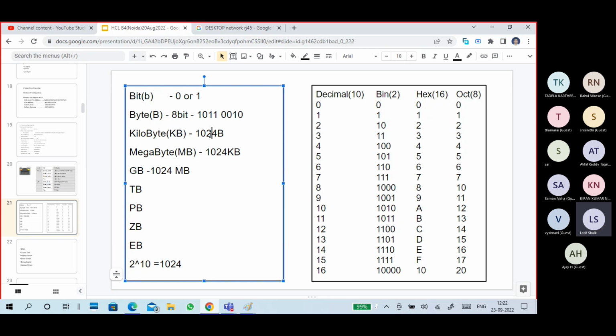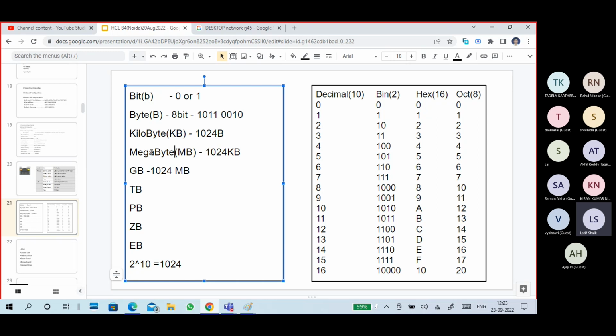But in our computer, in binary, we are using 1024 as a kilo. Why 1024? It is because of the binary system: 2 to the power of 10 is 1 kilo.